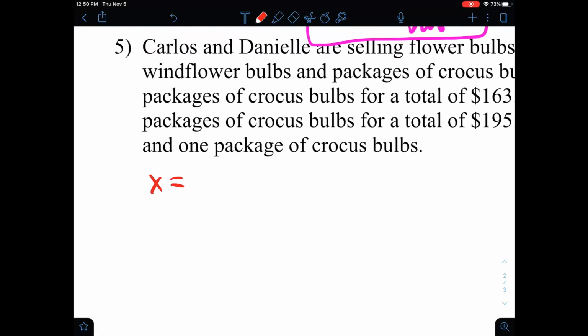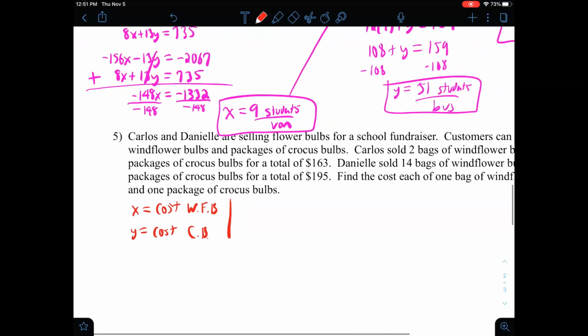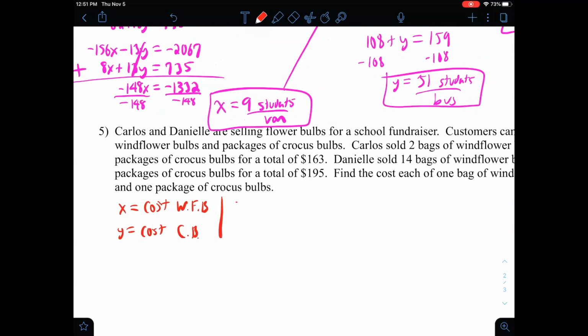All right, so again, call our x and y. I'm going to call x the cost of windflower bulbs, and I'm going to call y the cost of crocus bulbs. And we have 2 people here with a combination of different items, so we're going to call one equation Carlos, and one equation Danielle.